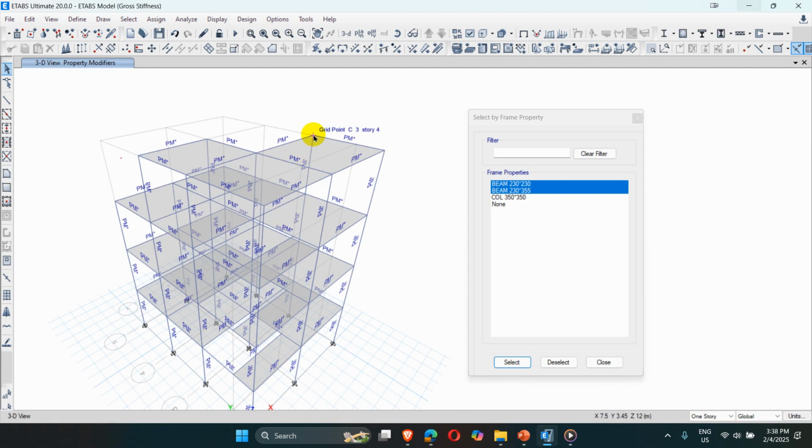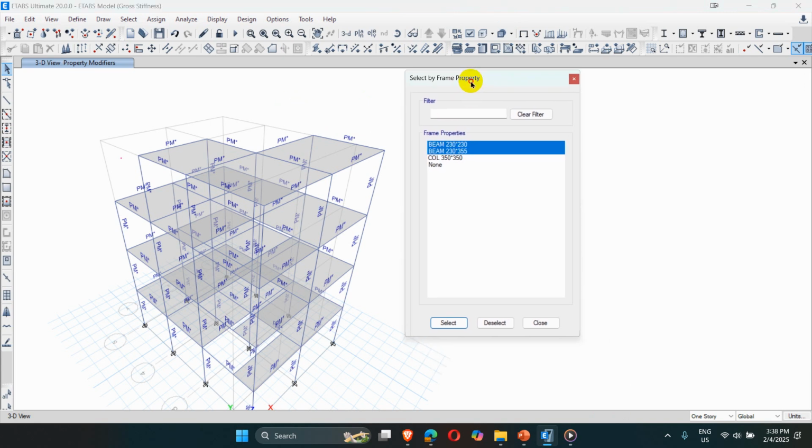So in this way, the property modifier or stiffness modifier of the structural section can be assigned in order to check the serviceability limit state, not to analyze and design by considering the cracked section in the linear static analysis, linear analysis or elastic analysis. So I will compare the deflection, the value with the stiffness modifier and without the stiffness modifier, or gross stiffness.